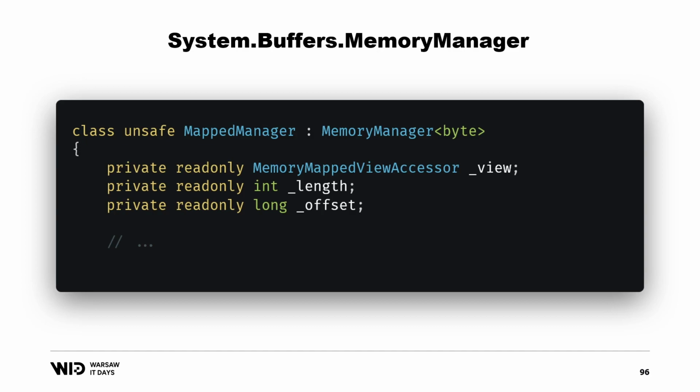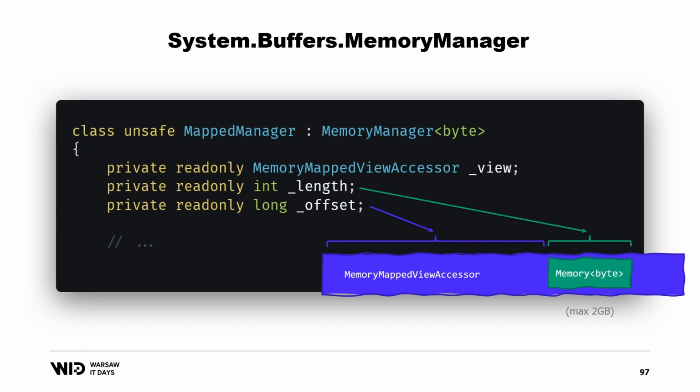We need to know the length that we are allowed to look at. And finally, we will need an offset. This is because a Memory of bytes can represent no more than 2 GB by design, and the file itself will likely be longer than 2 GB. So the offset gives us the location where the memory starts within the wider view accessor.